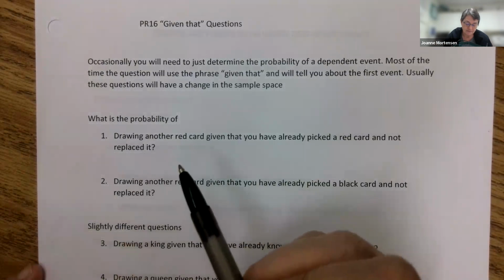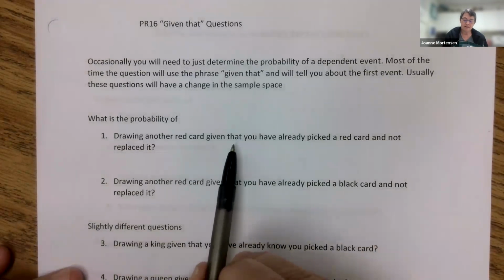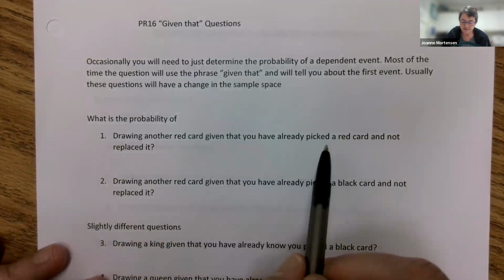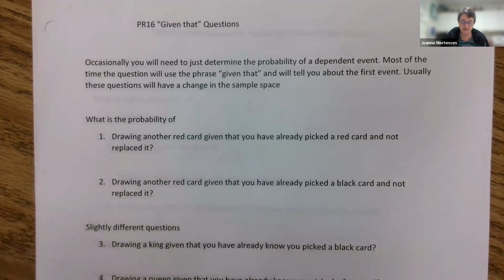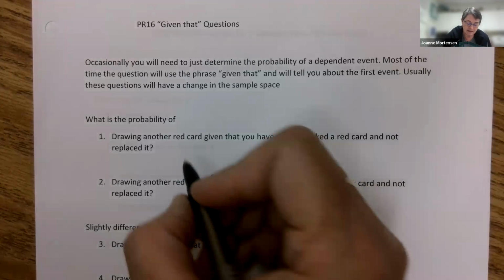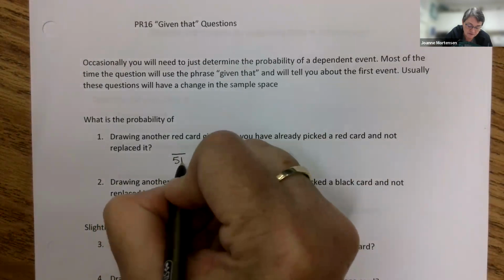All right. So drawing another red card, given that you have already picked a red card and not replaced it. From a standard deck, it's already taken out one red card. So I know I already took out a card and didn't put it back, so my sample space is going to be 51.